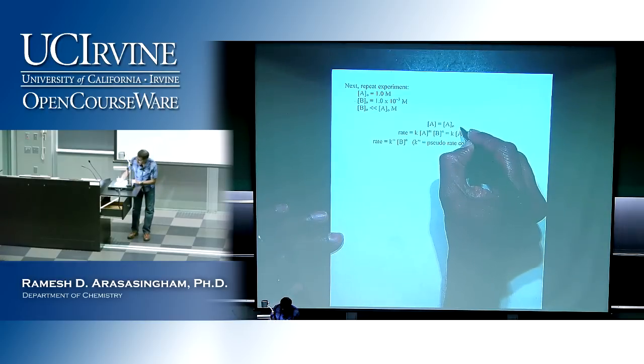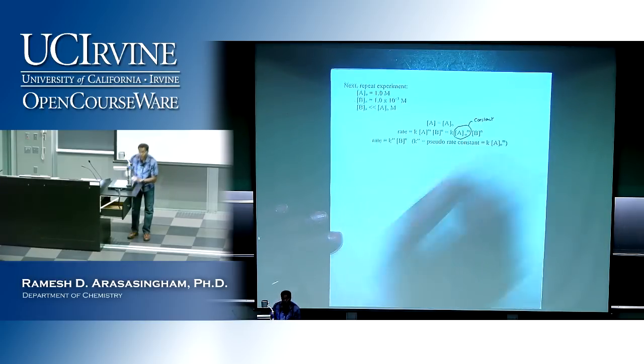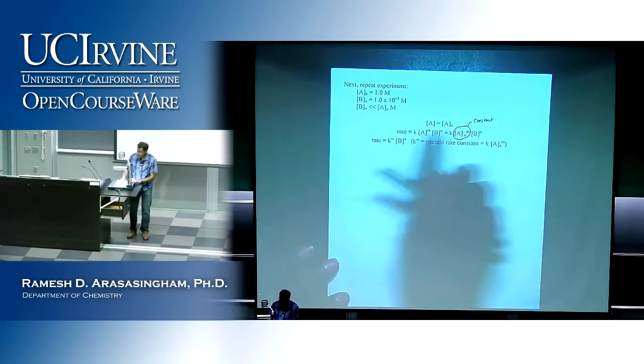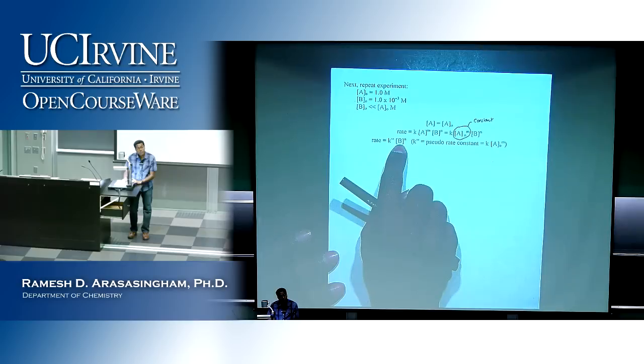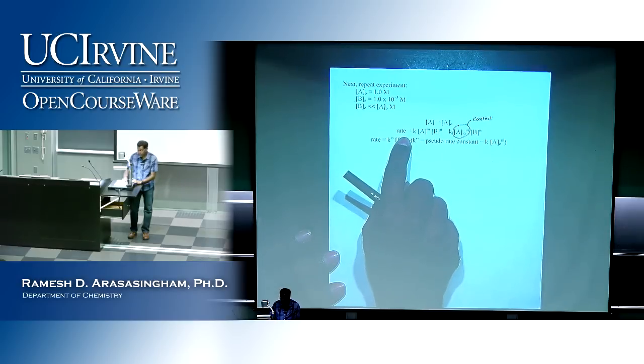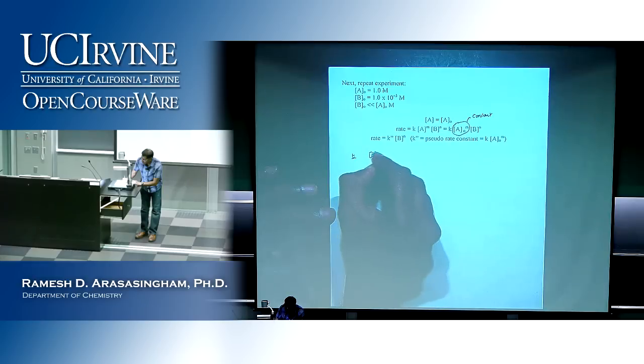So now you can see that this term is constant. All right? So now this equation reduces to rate equals K double prime. This is a different one. K double prime times B raised to the power n. And so now once again I have to repeat this experiment where I have T, and now I'm looking at concentration of B, so that this will be 0.